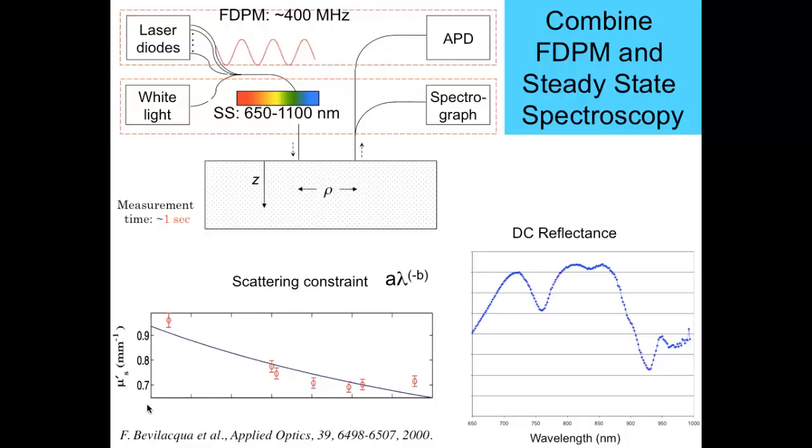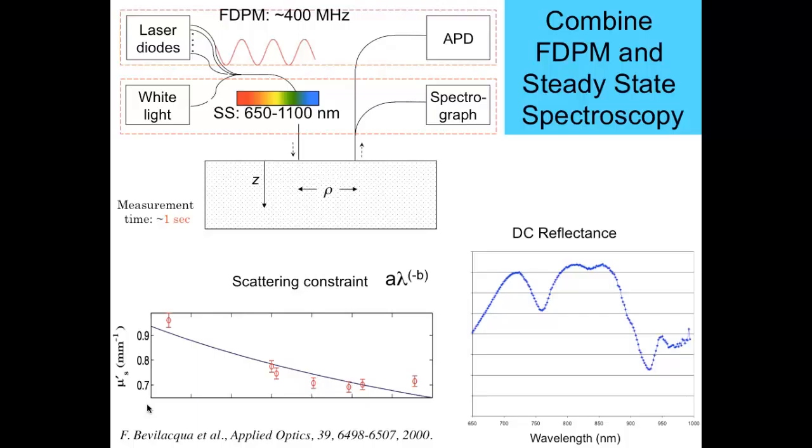But if you know what the wavelength dependence of scattering is, and we know that this falls off in this sort of simple type of behavior, lambda to the minus b, then we can force the DC reflectance spectra to fall on top of this line, and then convolve that with the spectrum. And then what falls out mathematically is the absorption spectrum.